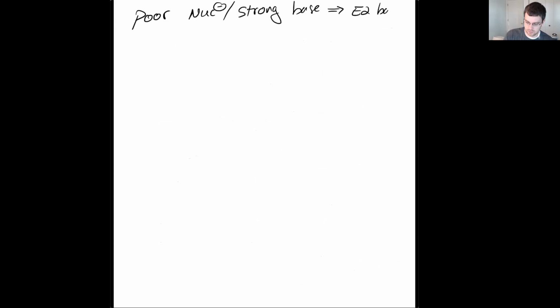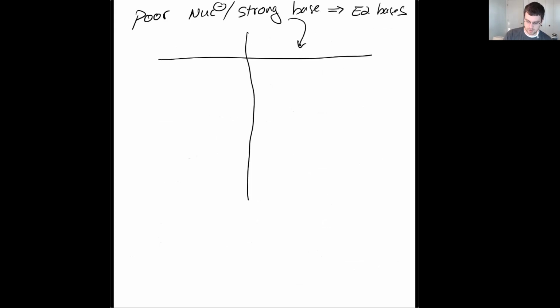Anyway, moving on to the last column, poor nucleophile strong base. These again are our E2 bases. Poor nucleophile because we have the added steric hindrance. Strong base because we still have O- and N-. And as a result, we're going to see mostly E2 reactions.